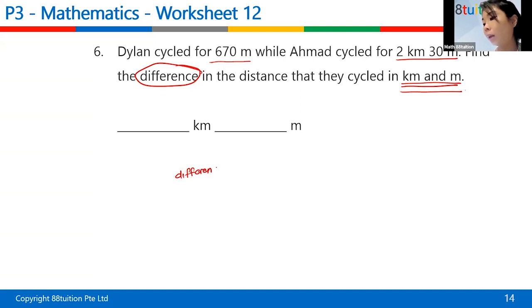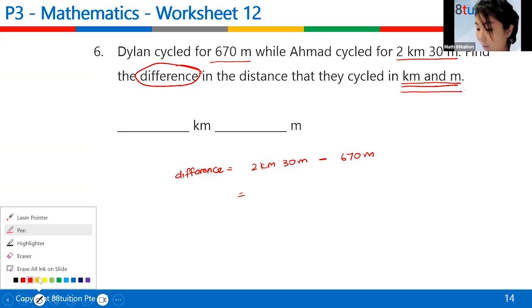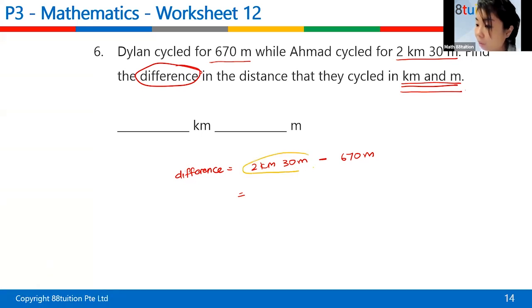So once again, my equation, I write difference. I start off with Ahmad's cycle distance, 2 km, 30 meters, minus how much Dylan cycled. You will realize that I am not able to subtract. Why? Because my units are different, which means I need to convert this into meters only.